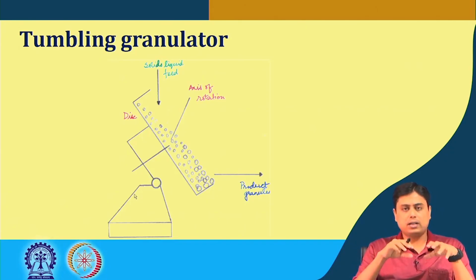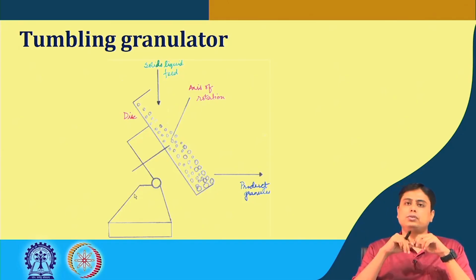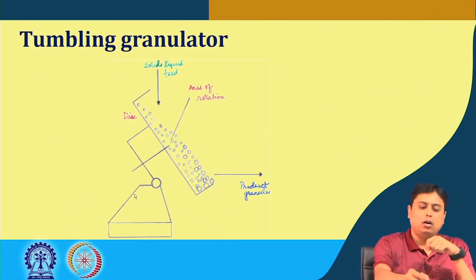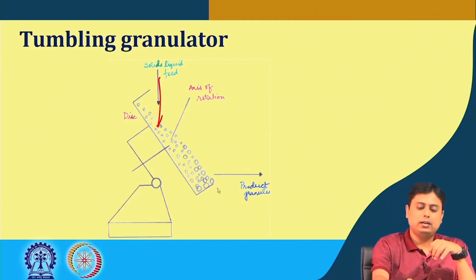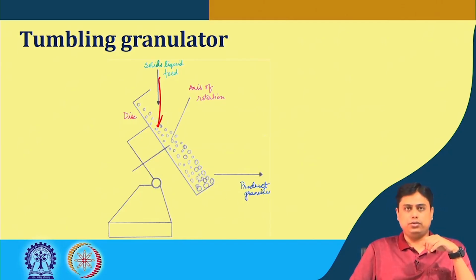So, the product typically has a narrow size distribution. Here all the things are fed together, the mixture of the solid and the liquid binders. It rotates as well as tumbles, and then it creates a product of narrower size distribution.